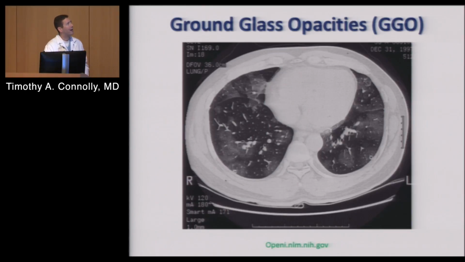Everybody has heard the term ground glass opacities, but I suspect most of you don't really know what it means. So if you think about ground glass, think about if you've ever been to the beach and you found a bottle and the sand has worn it down at the end. And if you were to pick it up and look through it, you could maybe make out structures behind it, but it doesn't have real clarity. That's all they're saying here.